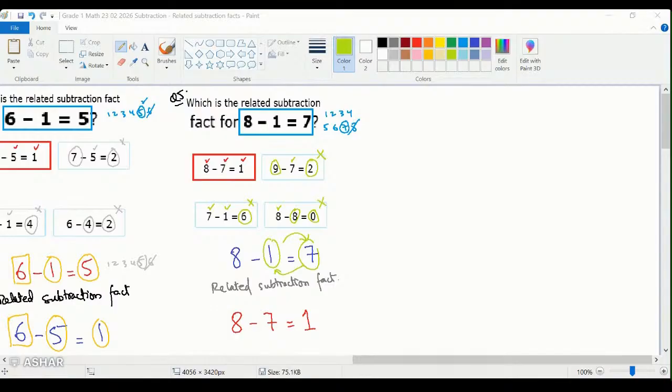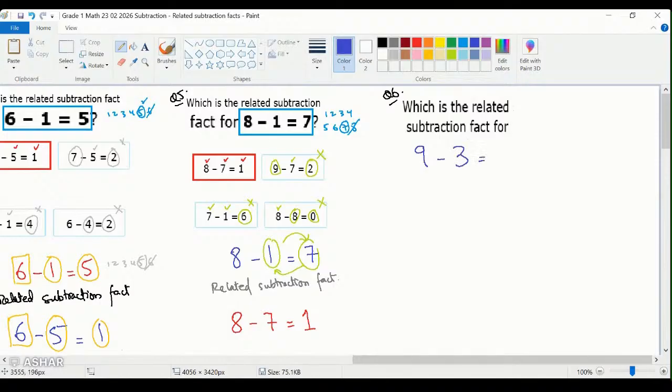For question number 6, they were asking us, what is the subtraction related fact for 9 minus 3?